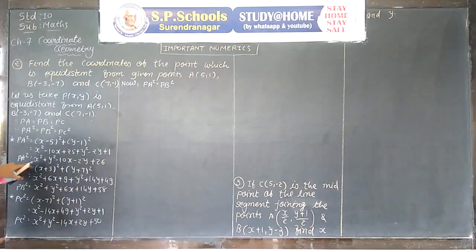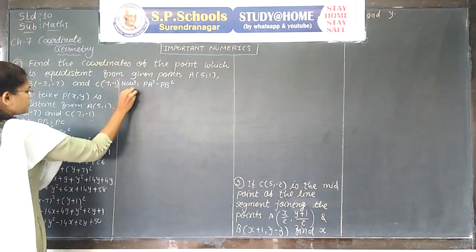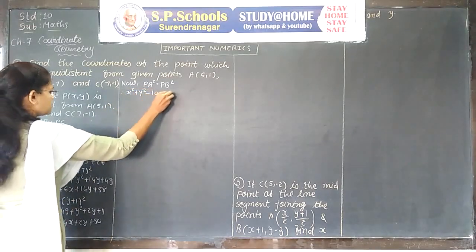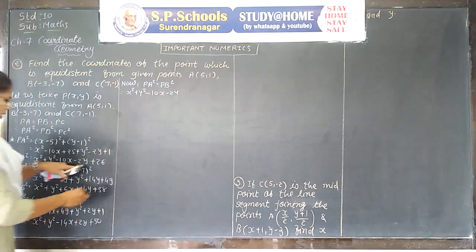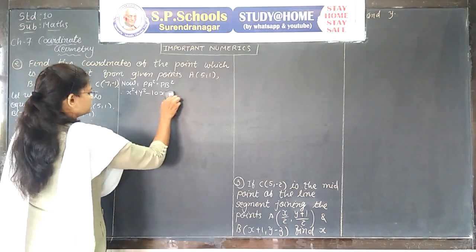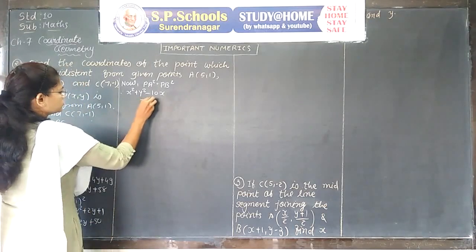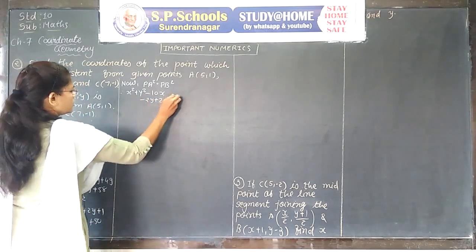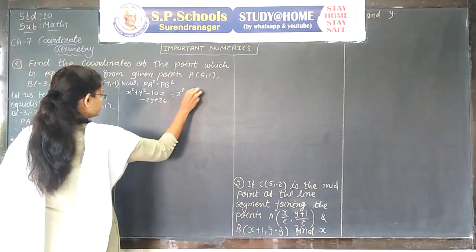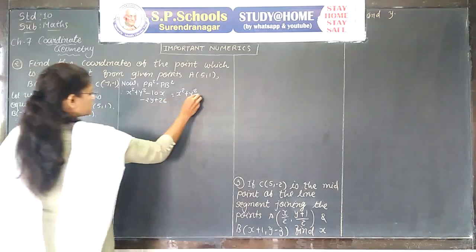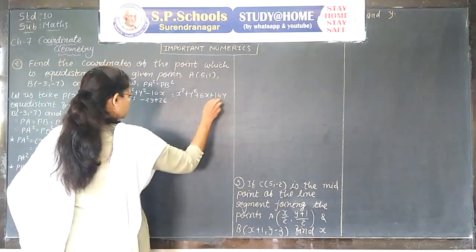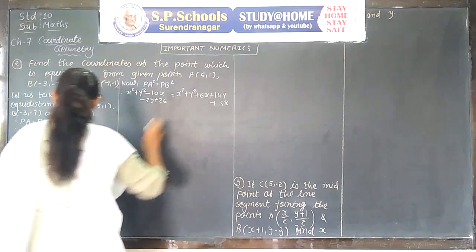Here PA square is x square plus y square minus 10x minus 2y plus 26, equal to PB square, which is x square plus y square plus 6x plus 14y plus 58.